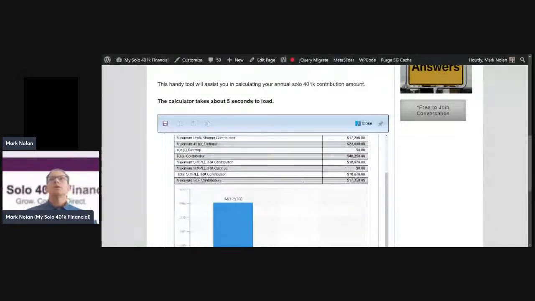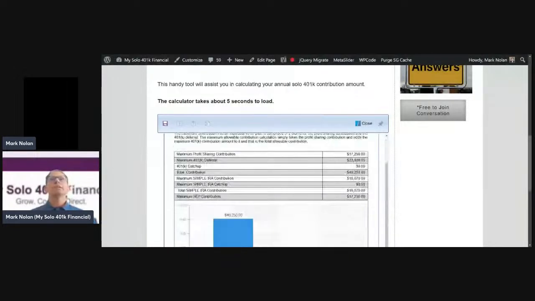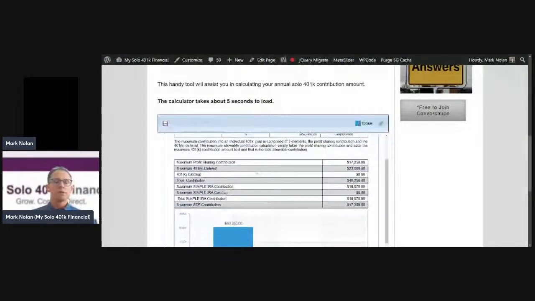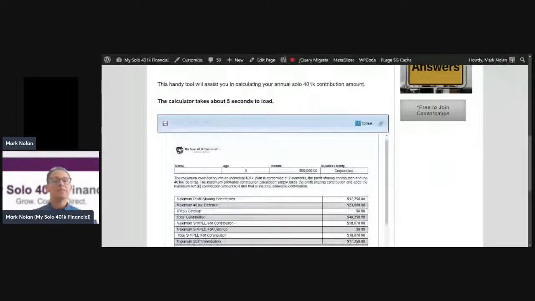So what the calculator does is give you a calculation for all the various contribution types. But again, today we're concentrating on just making voluntary after-tax solo 401k contributions. So no other contributions, just voluntary after-tax.